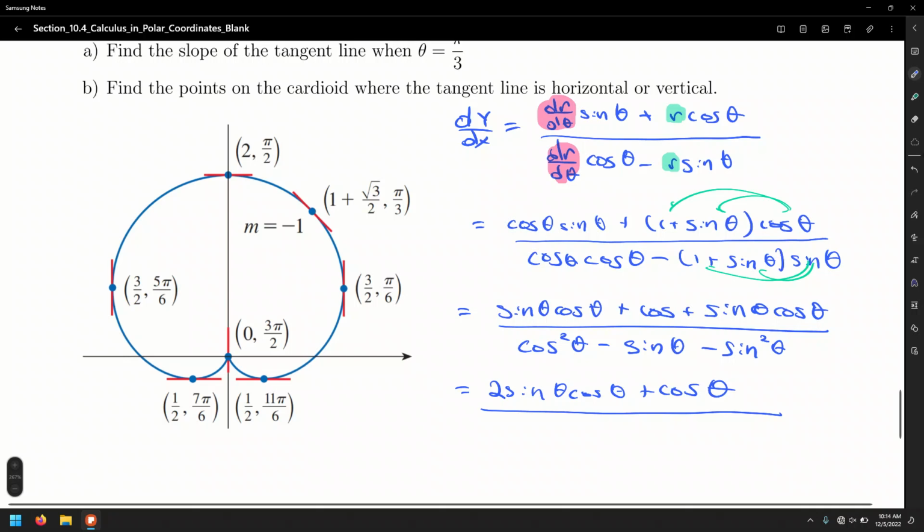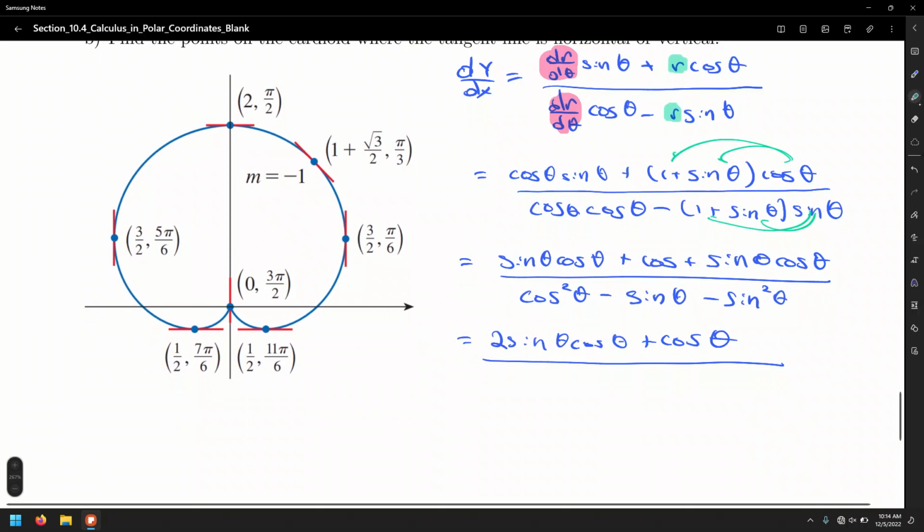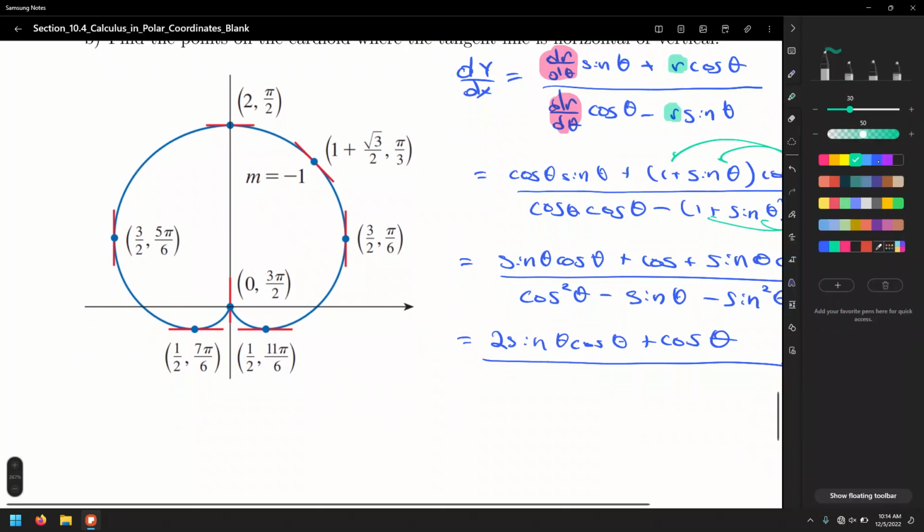So here is the thing. This cosine squared, let me highlight it, I'm going to write it in terms of all sines in this case.